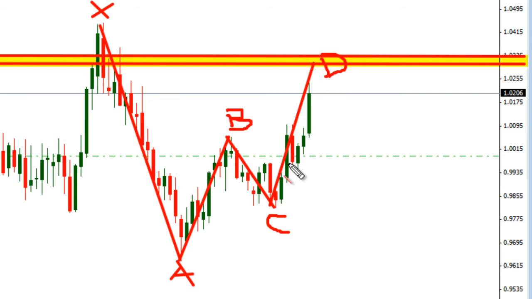As you can see, price is responding nicely to this CD leg completion. This week I'll be looking out for any reversal signal and hope to join the party with the bears, especially if I also spot any sign of dying momentum around or close to our potential reversal zone.